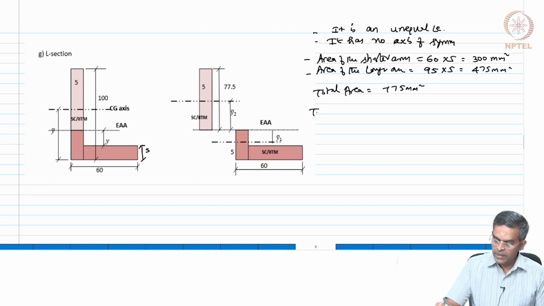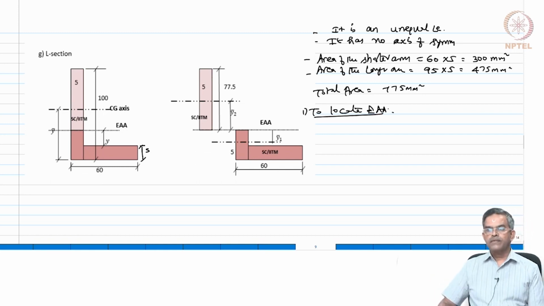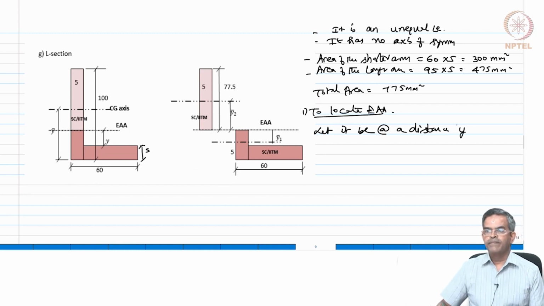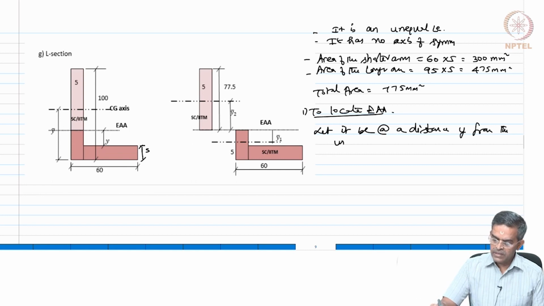So, now let us locate the equal area axis first. Let the equal area axis be at a distance y from the intersection face as shown in the figure, okay, y.